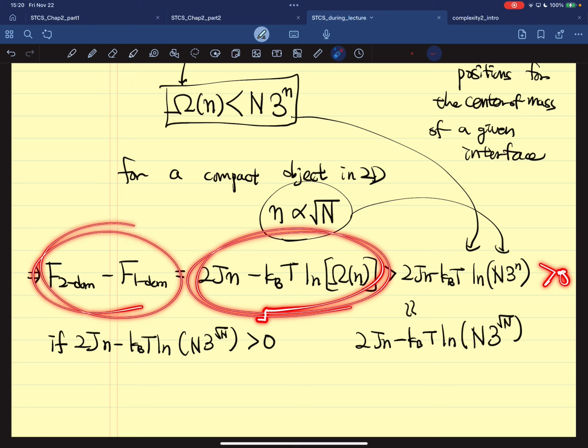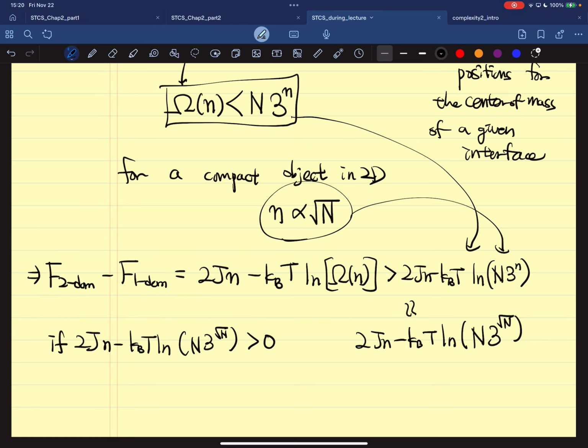So this one becomes larger than 0. Finally, there's a possibility that the ordered phase can be actually energetically favorable compared to the fragmented two-domain case.